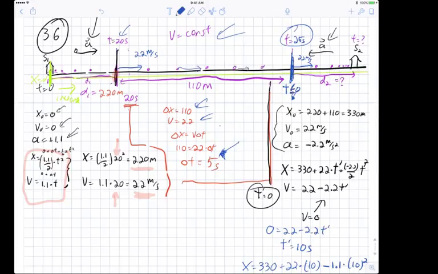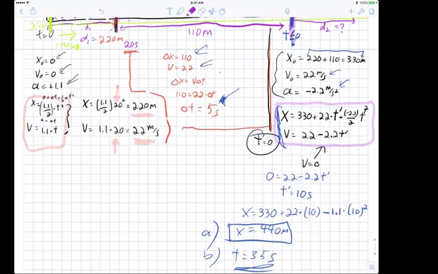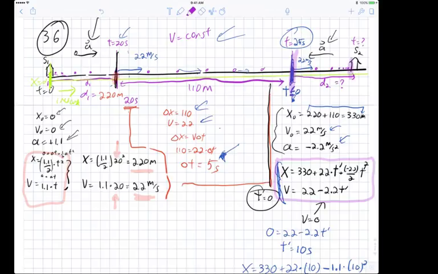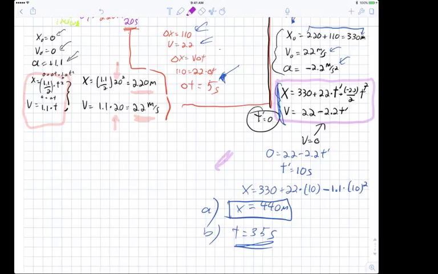So starting from that time coordinate, I know my initial position here is 330. So here's the position versus time in terms of t prime, which is the time starting when I reach here, and then I solve this for when it stops. I know it stops, v is equal to 0 over here, so I solve it for v is equal to 0. That tells me how much time it took to stop.